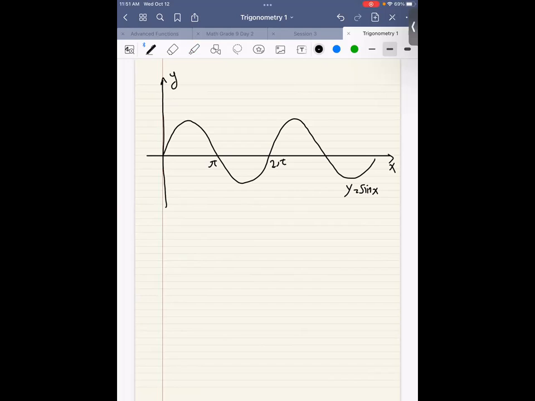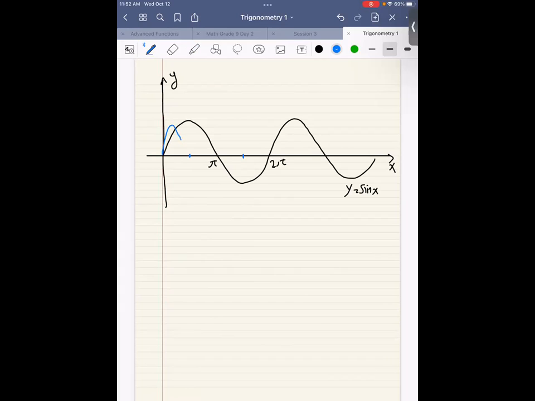Now, what is sine of 2x? For sine of 2x, it would be a horizontal compression of this graph by a factor of 2. That means at x equal to pi half, it must be 0.